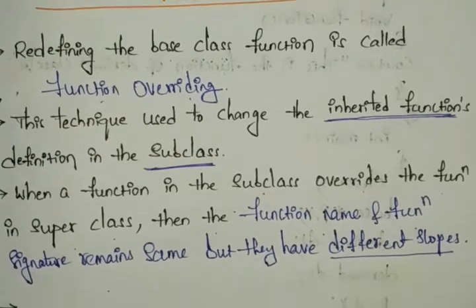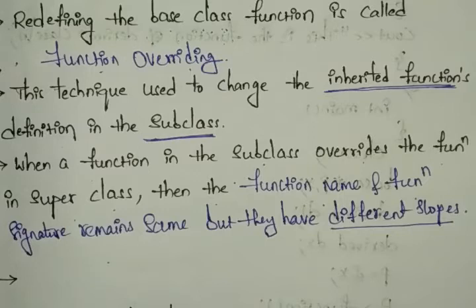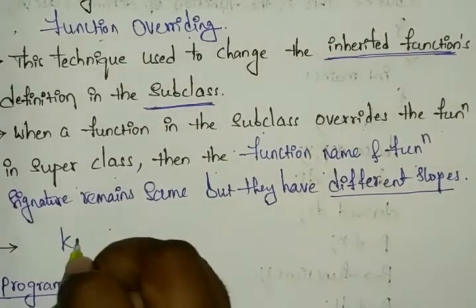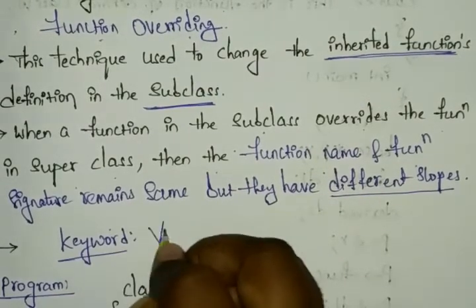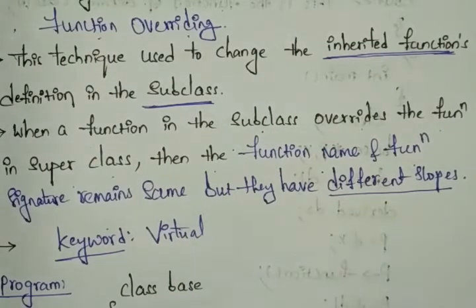Once the function is overridden, we can use one keyword, which is virtual. Why?